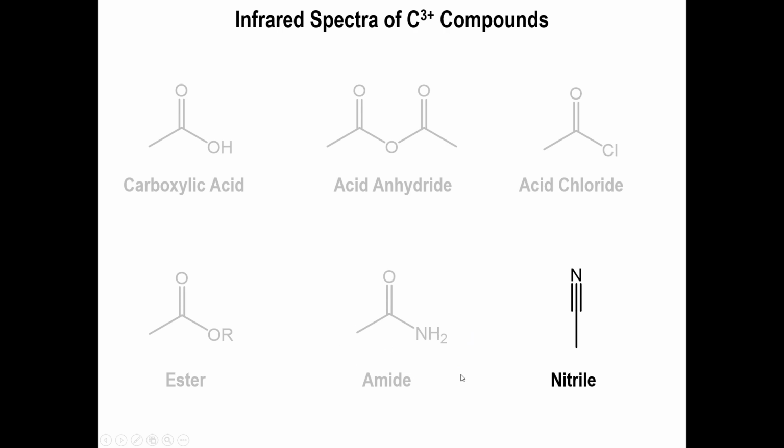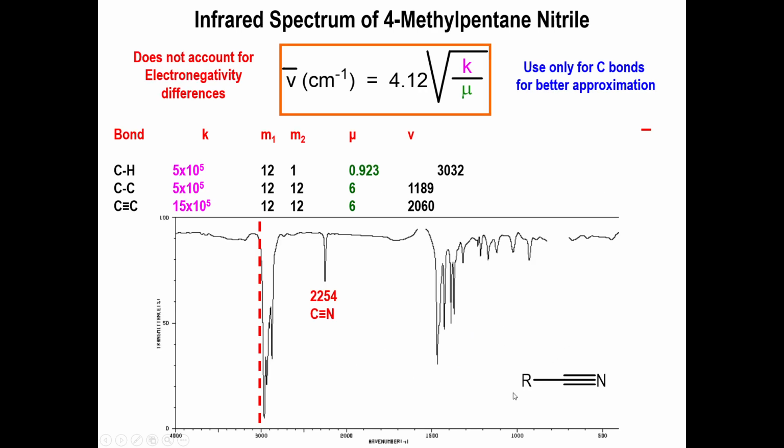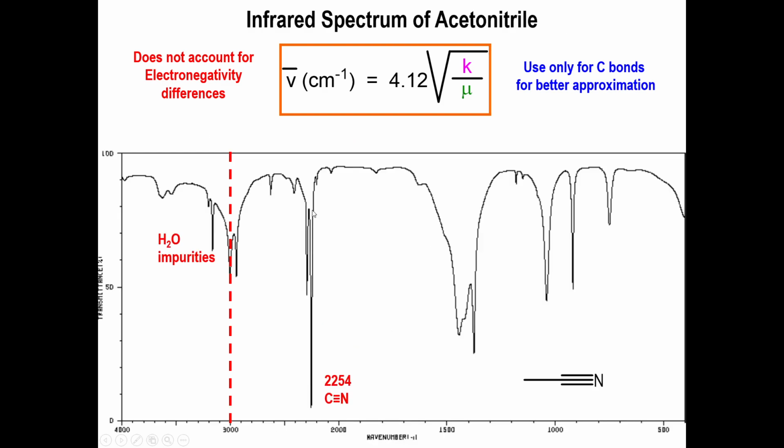And then the nitriles, we already pointed out that the triple bond falls around 2300 in the spectrum, right? And the peaks vary in terms of intensity. Some of them can be kind of weak, like this one. Other ones can be relatively strong, like that one there. It really varies from sample to sample, and also how the sample is prepared.